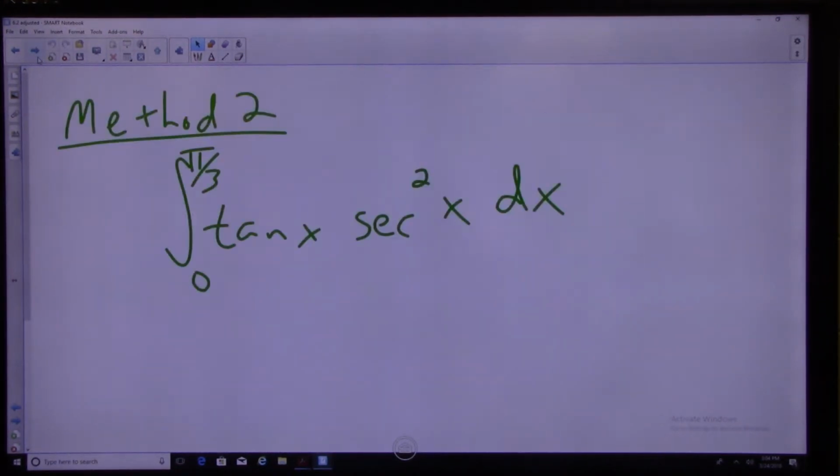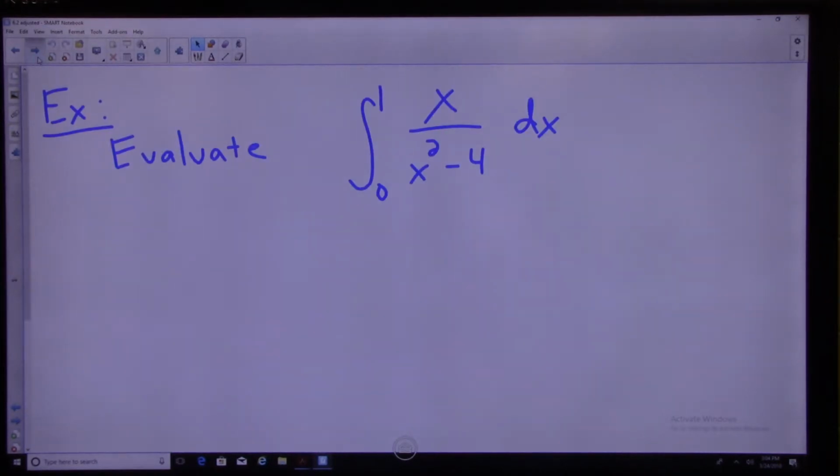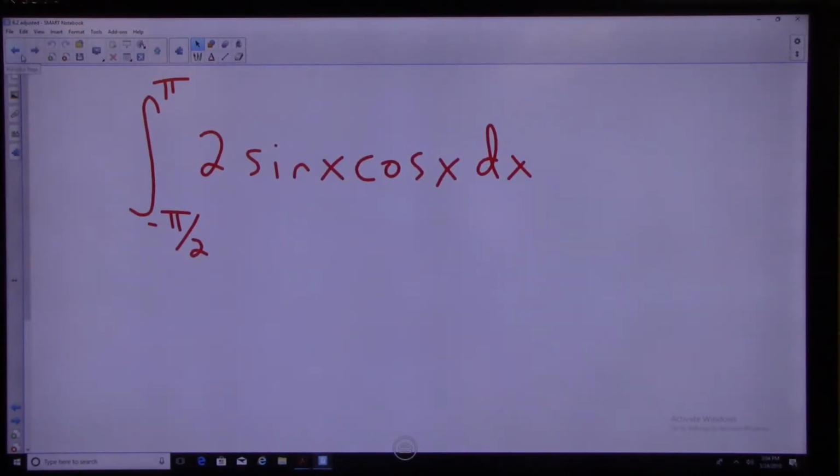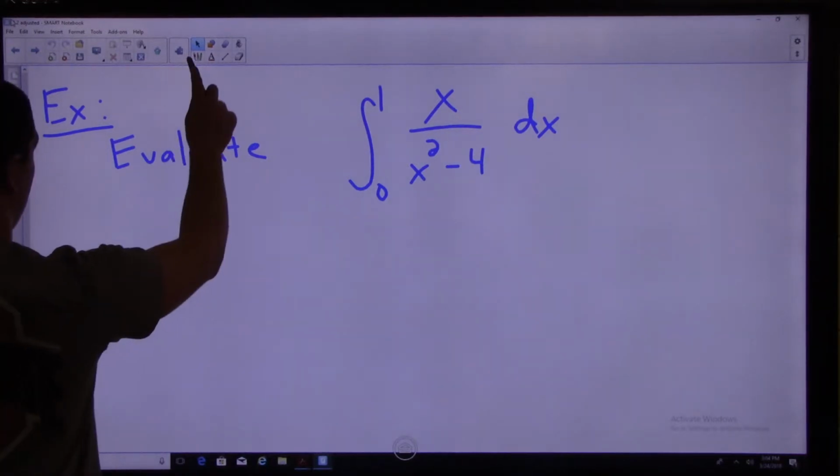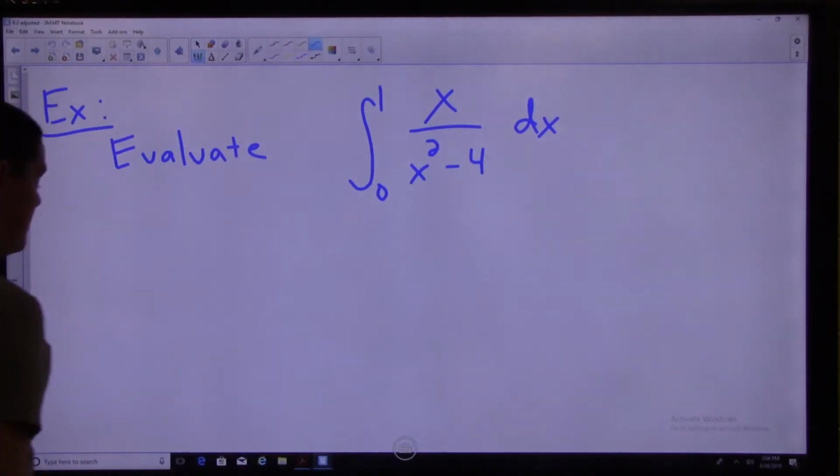Don't worry, you're in good hands here. Which one were we on? This one? Yeah, we're working on that one. So the point we were at, if you need to rewind this, go ahead.